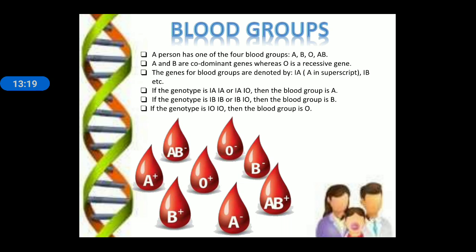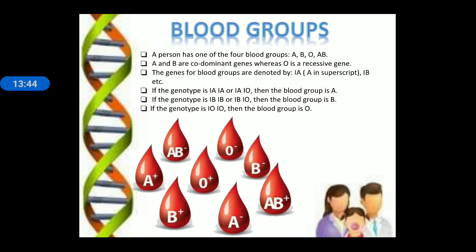IA is dominant, so the blood group will be A, and in IAIO, O is recessive, so automatically the blood group will be A. Same for B: IBIB, IBIO, and for O, only IOIO will be there. By knowing these alleles, we can check the blood group that may be present in the next generation. We can easily calculate.